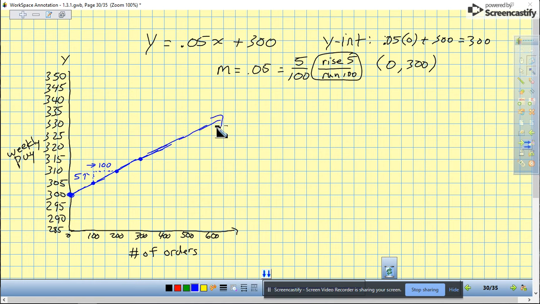We can extend that on. So if she sells 600 orders, collects 600 orders, then she would make $330 for the week. Okay? So you can tailor your graph to make it suit your needs, and make it easier on you. You just have to make sure you're answering whatever the question is asking you to do.